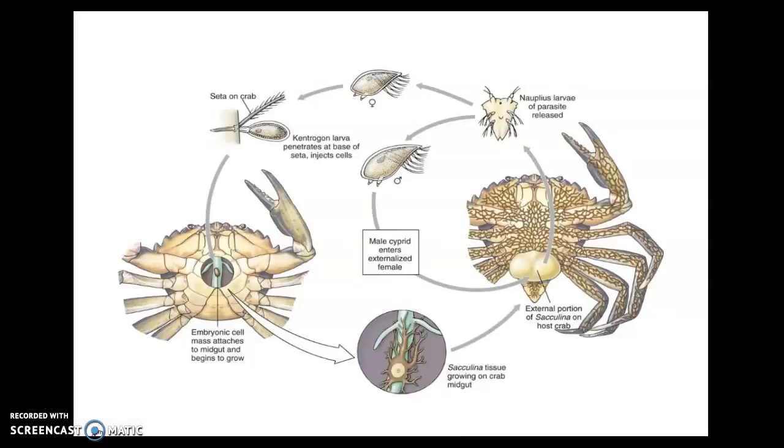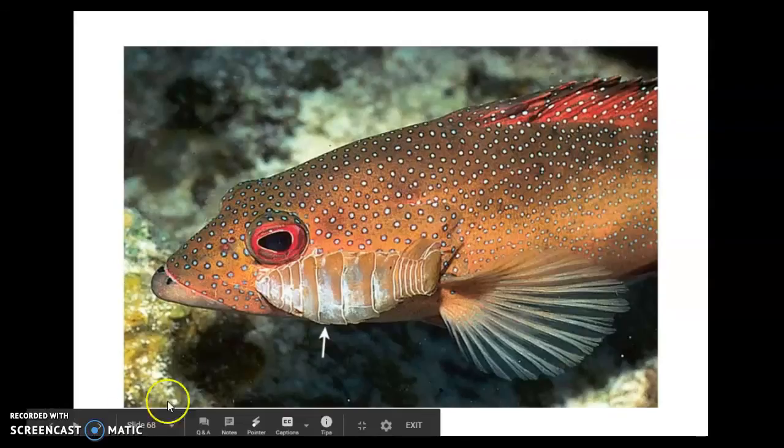And this is showing reproduction. And this is showing some of the parasites that do end up hooking onto some of ours. And here is an external parasite of the crustacean that's living on this fish.